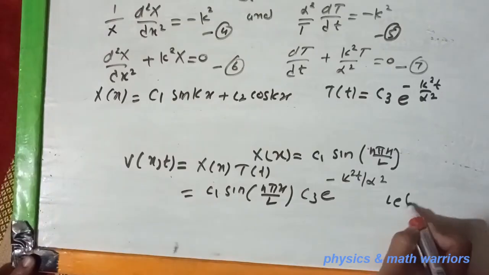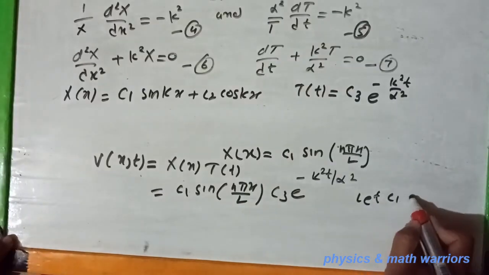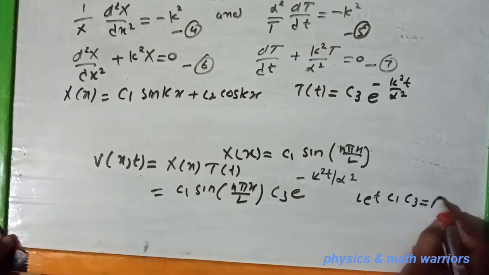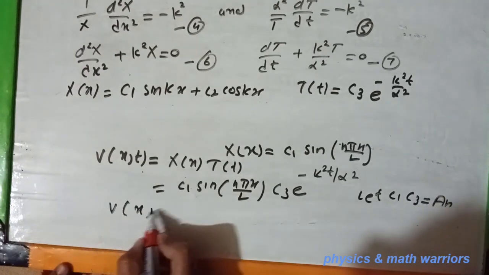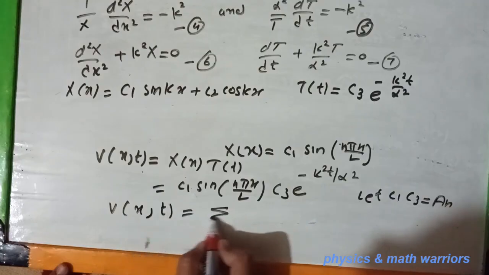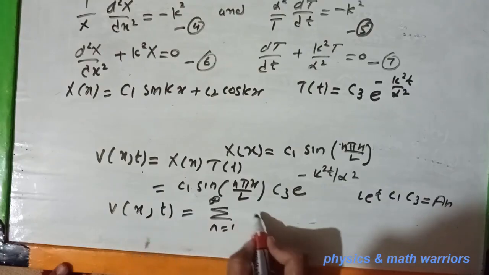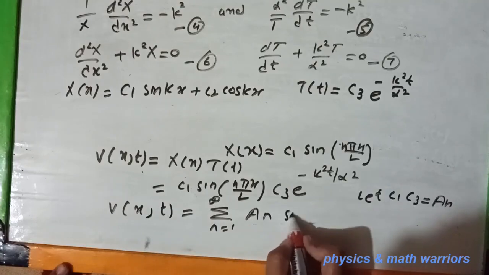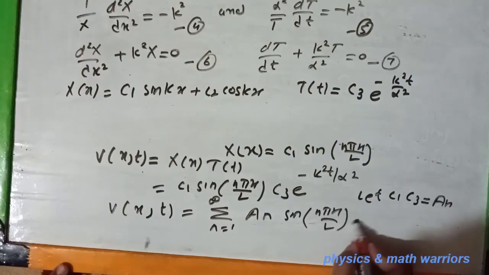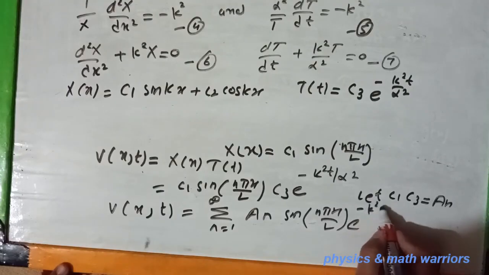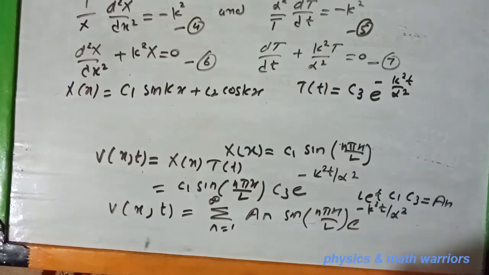Let C1 C3 is equal to an. So v of x and t is equal to summation n is equal to 1 to infinity an sin n pi x over L exponent minus k square t over alpha square.